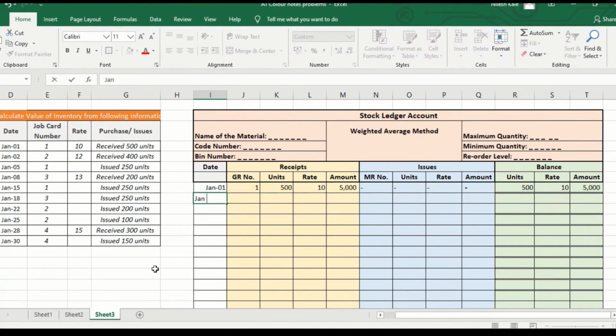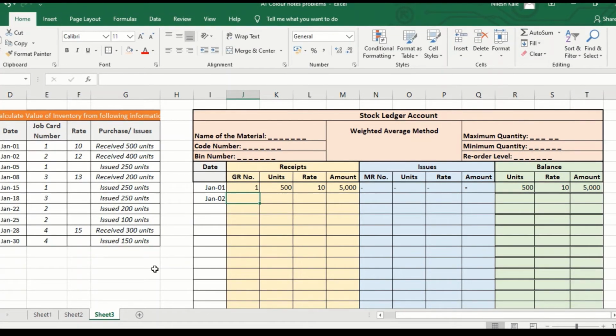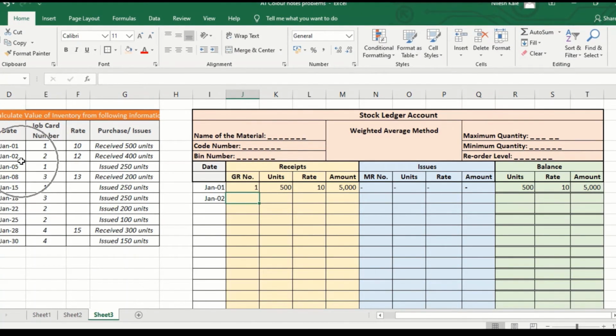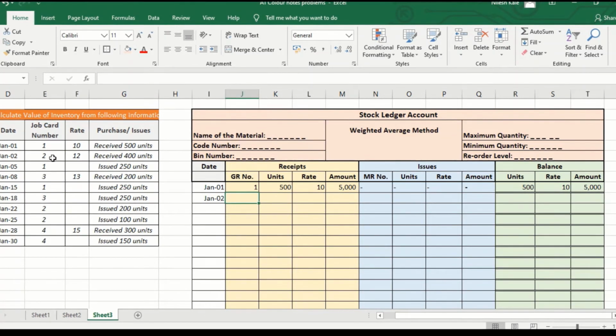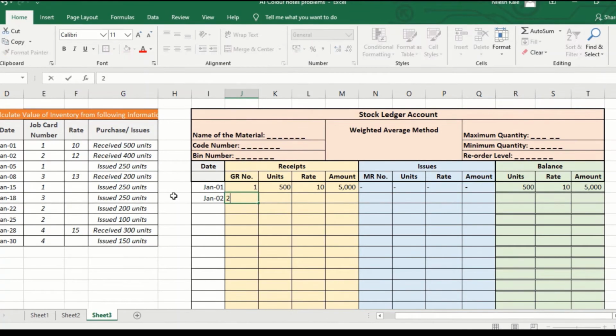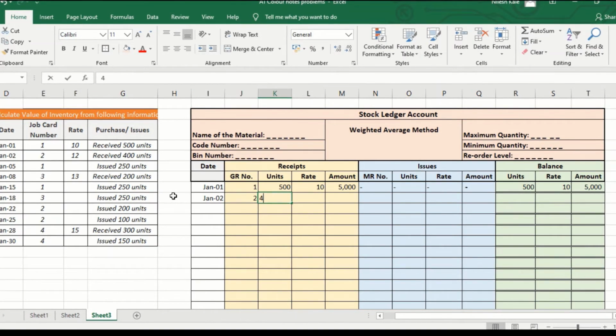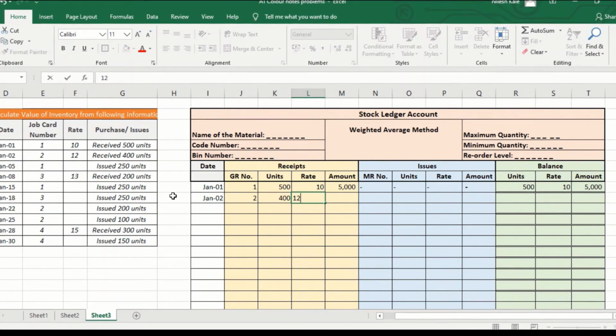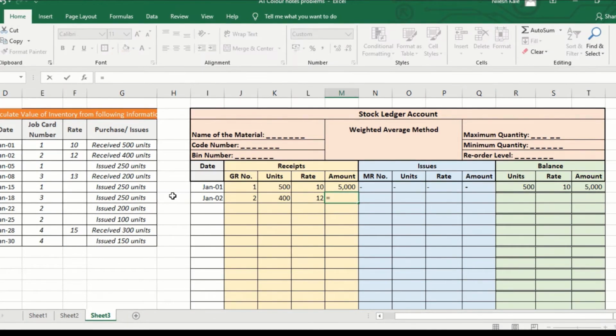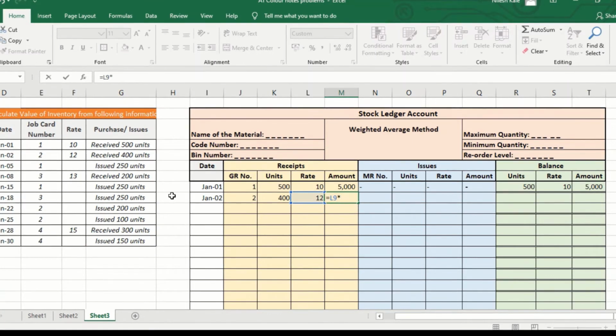Now on January 2 we have received 400 units at rupees 12 from job card number 2. I will enter this from job card number 2, 400 units at rupees 12. This is 12 into 400.